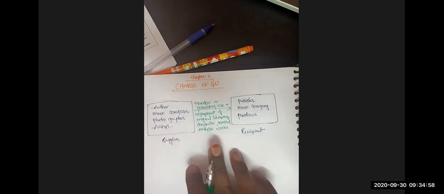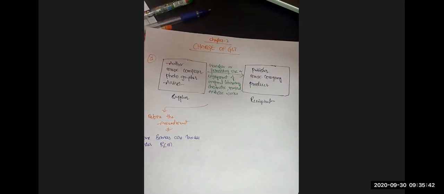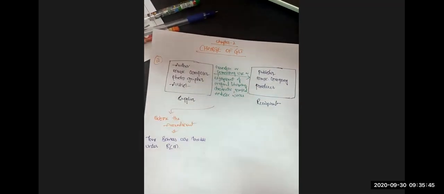These people provide these services to the recipients. Before the amendment, these services were taxable under the reverse charge mechanism.